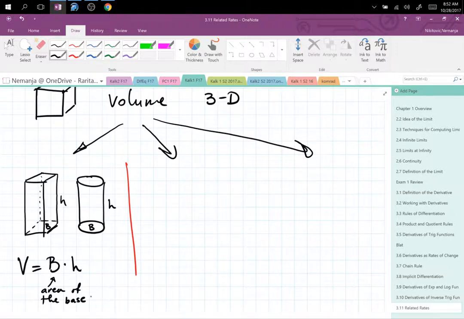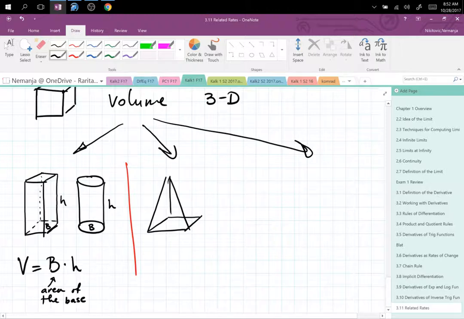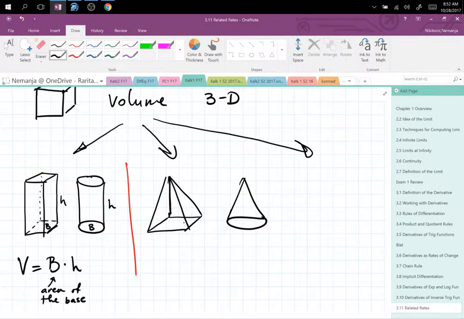The second category of objects are objects which I like to call spiky objects, which are going to be pyramids, cones, anything that would have this spike at the top. And these are some of the most famous. There, obviously, you can draw this pyramid with triangle on the bottom, whatever else. And the volume of what I call spiky object would be 1/3 base times the height.